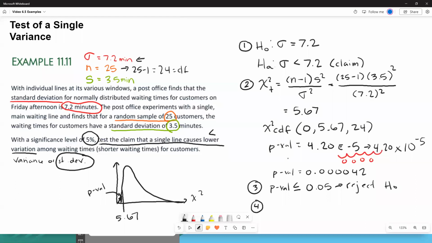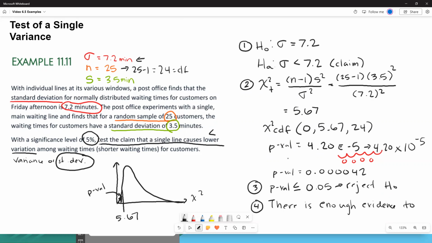For our summary, when we reject, we say there is enough evidence. And then we go back up to step 1, and our alternative is our claim. So we're talking about support.